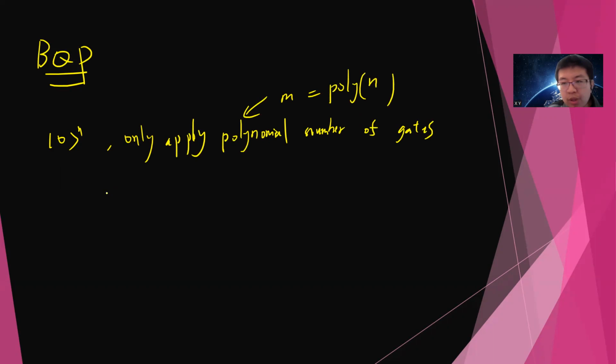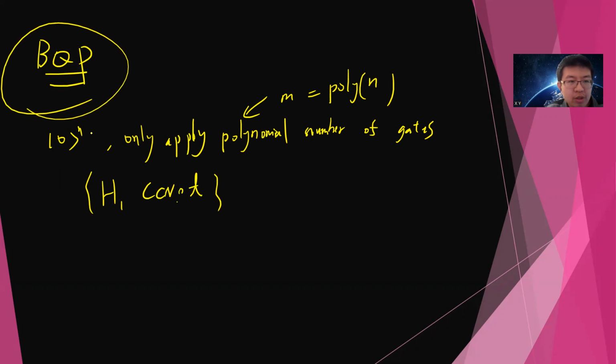The only gates we can apply are Hadamard gates and CCNOT, the Toffoli gates. A problem in BQP means that there is a circuit that can decide whether x belongs to L or not. This is the introduction.